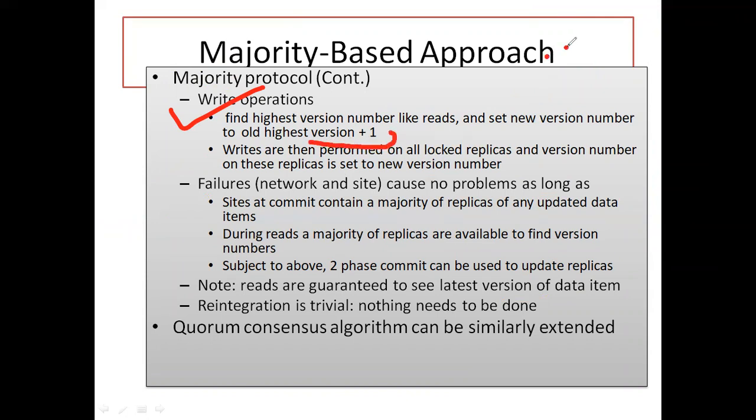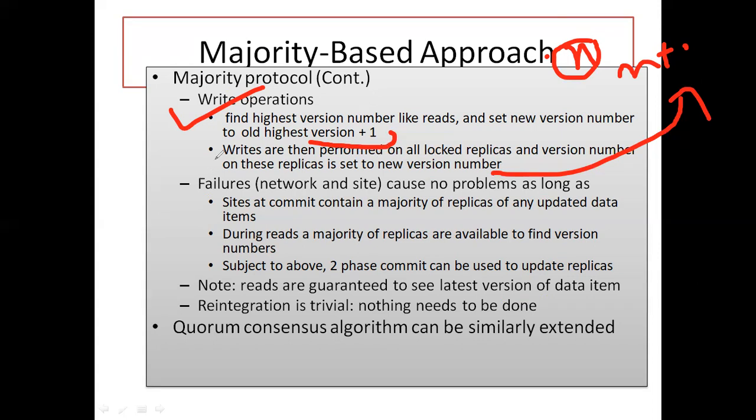Suppose the last version is n, then now the version number is changed to n plus one. Writes are performed on all the locked replicas, and the version number on these replicas is set to the new version number. For both read and write operations, we are doing the same thing: whenever we perform the operation, we just update the version numbers of the replicas.